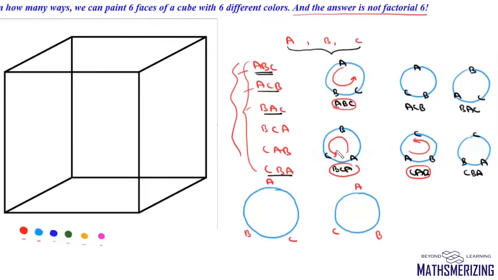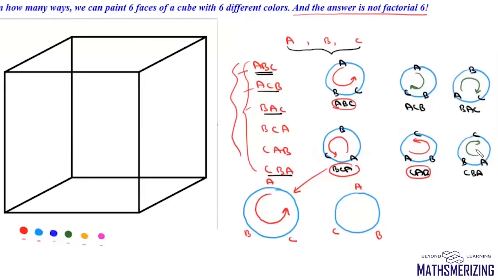So basically all these 3 arrangements correspond to this one configuration, and that is the anti-clockwise arrangement of ABC. Now these remaining 3 configurations are all ABC clockwise.